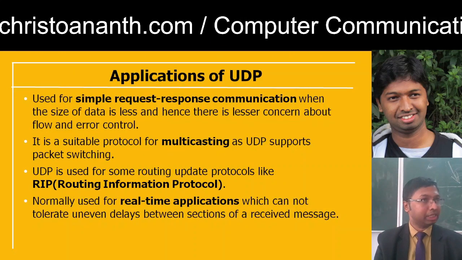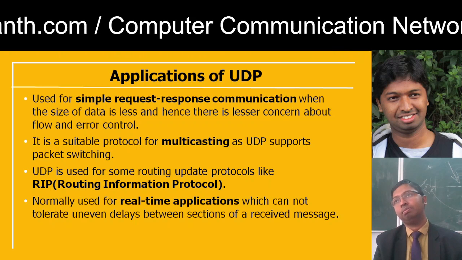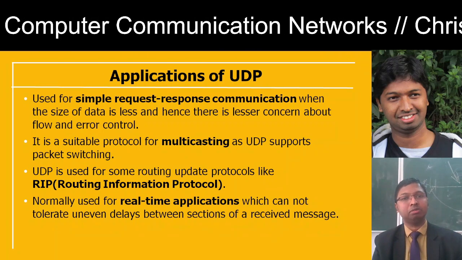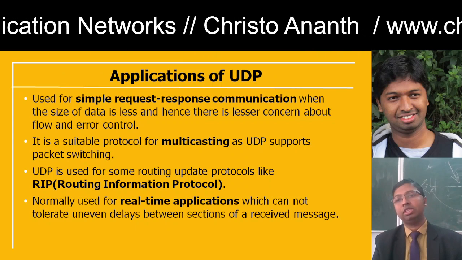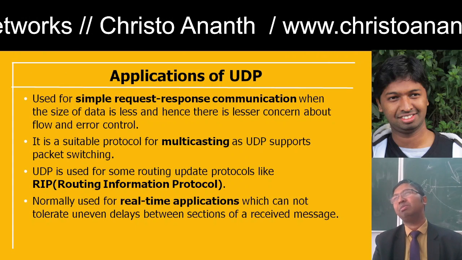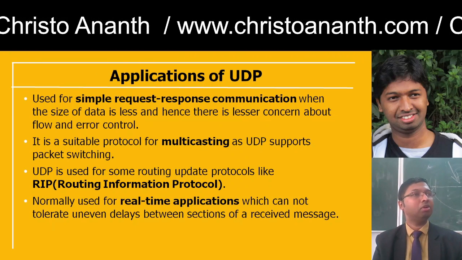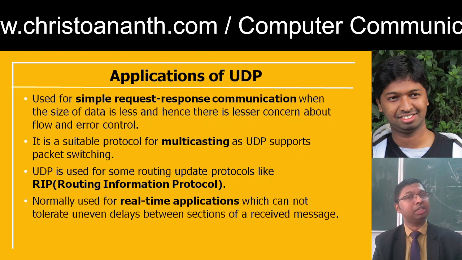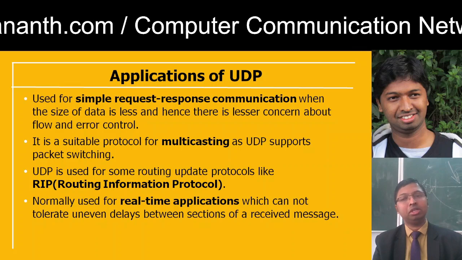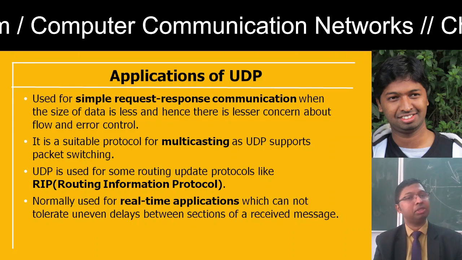And finally, the applications of UDP: you can use it for simple request-response communication as well. When the size of the data is small, you can use it, with not much concern for flow control or error control. Of course, you can use it for multicasting applications and in the Routing Information Protocol.